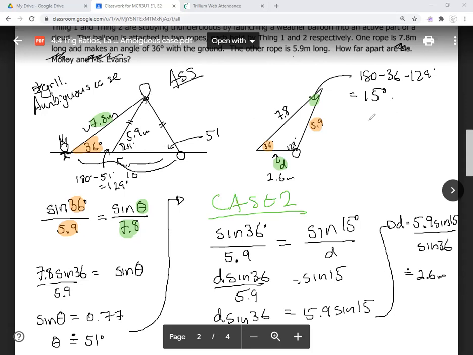But if you remember, in the CAST rule, on the left side, we have a sine value that's going to be something. But in quadrant 2, when it is bigger than 90 degrees, I get the same answer as the angle that's smaller than 90 degrees. Same application. But I'm not going to ask you to tie it up. I just need you to recognize that there's two answers when you have ASS.